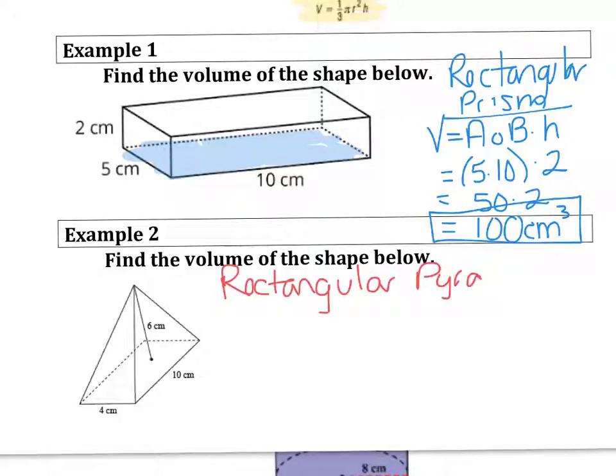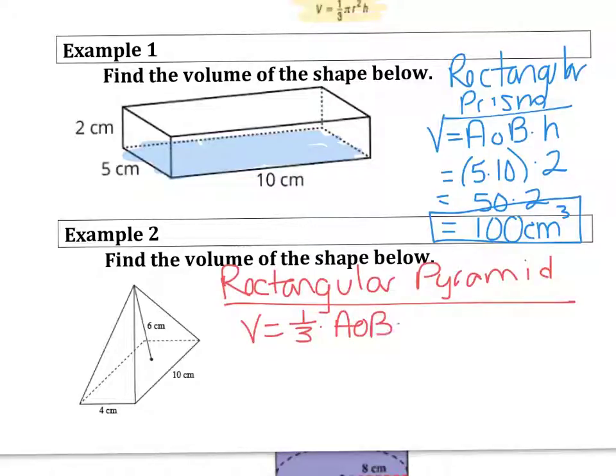And if I look back at the formulas, I can see that my volume formula is 1/3 times the area of the base times the height. So if I go back and identify my base here, it's this rectangular figure right here. And to find the area of a rectangle, it's just base times height.